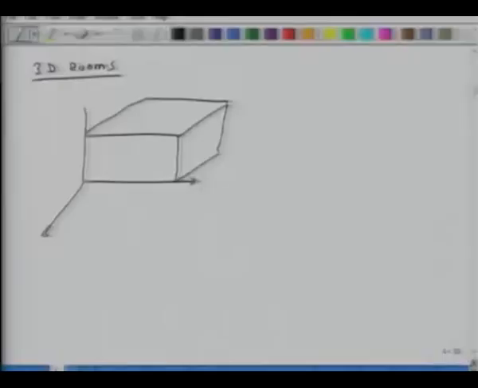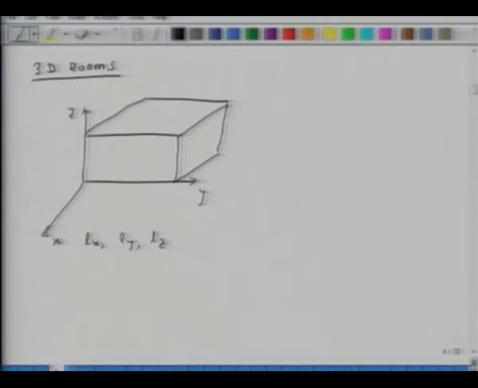Again, these are rooms with parallel walls. All this analysis is assuming that the walls are parallel. So this could be my x-axis, y-axis, z-axis. The dimensions along x, y and z are Lx, Ly, Lz.